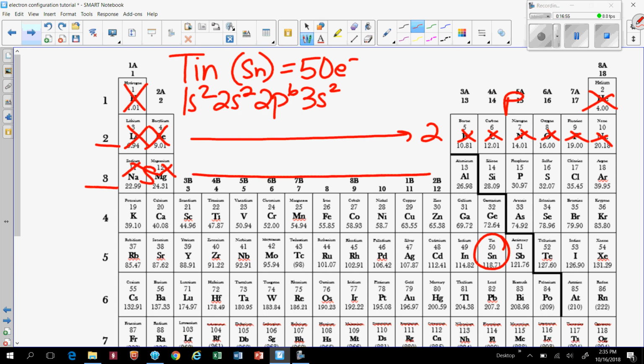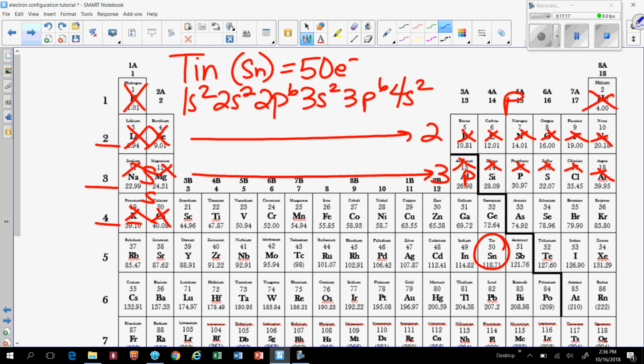We come all the way over to aluminum, so we're still third period. We've entered the P sublevel, so 3p: 1, 2, 3, 4, 5, 6, 3p6. We hit potassium, which is the fourth period, fourth energy level. We're entering the S sublevel, 1, 2, so 4s2.